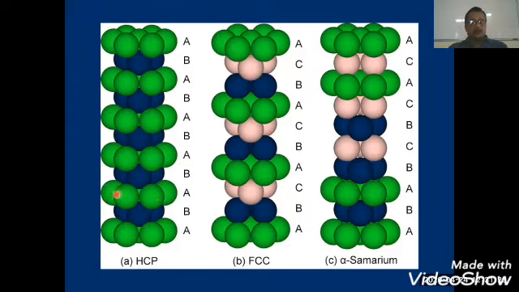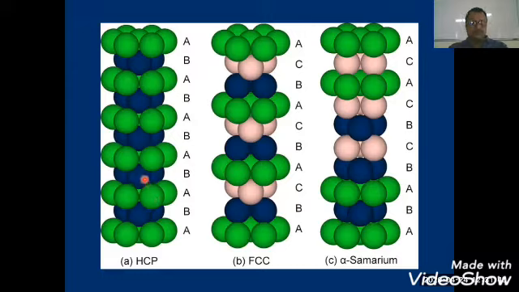Now we have the third layer, again a green layer, because this layer is exactly at the top of the first layer. Then again this blue layer, its geometrical arrangement is not like the green layer because these atoms are not above the green atoms.